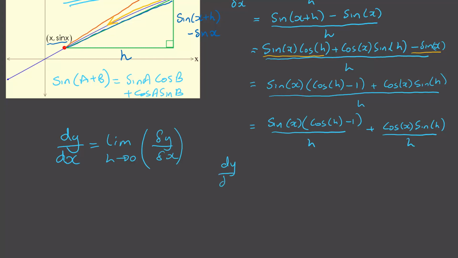So dy dx is going to be the limit as h tends to 0 of all of this lot. So sine x, cos h take 1 over h, plus cos x sine h over h.